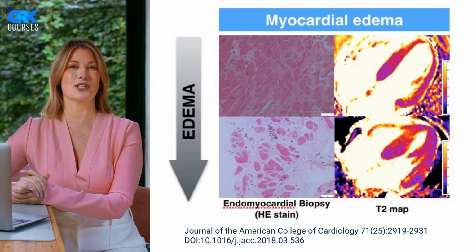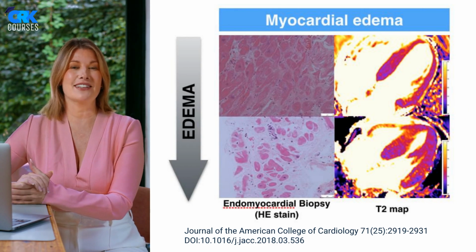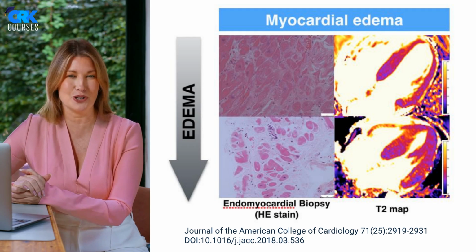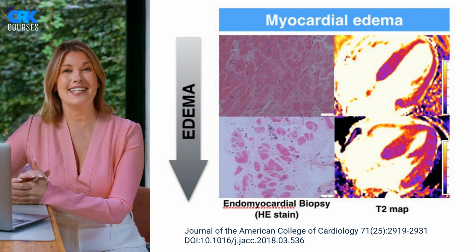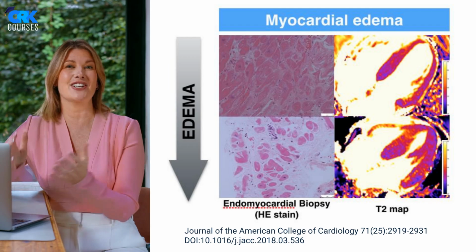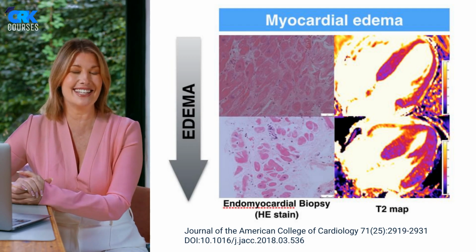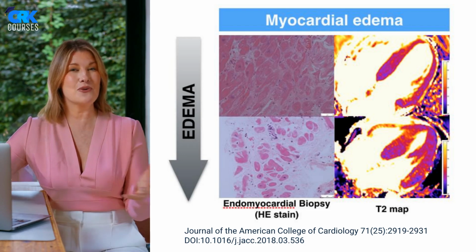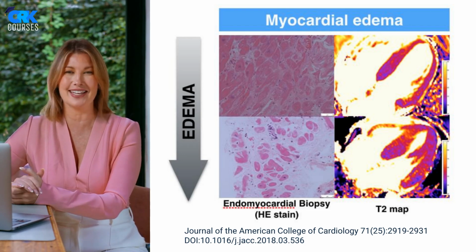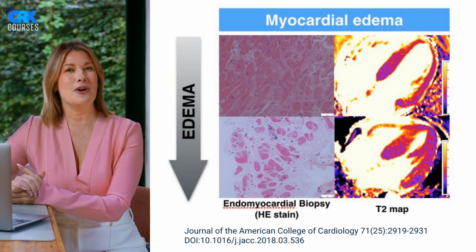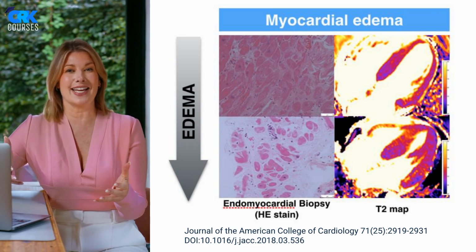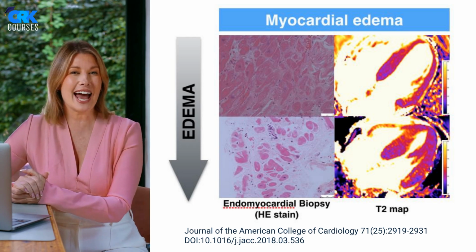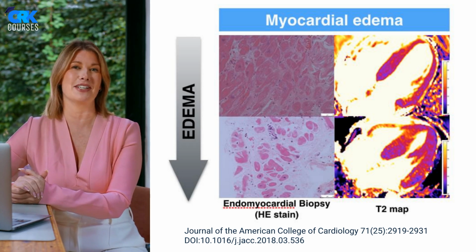T2 mapping, a window into myocardial edema. T2 mapping measures myocardial water content, essentially how wet the heart muscle is. In light chain AL amyloidosis, T2 values are often elevated, indicating edema or inflammation. And while this finding is less common in ATTR-CM, early studies suggest it can occur in select patients, especially during active disease or treatment response.